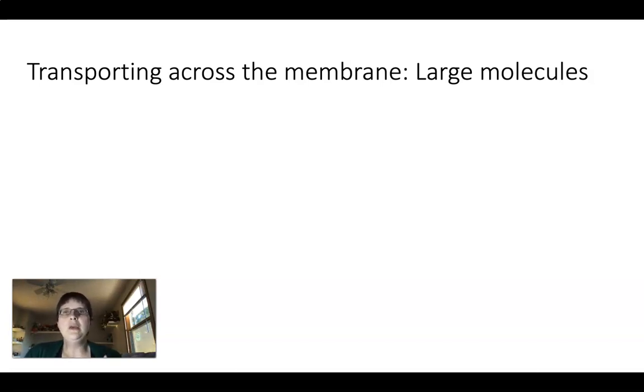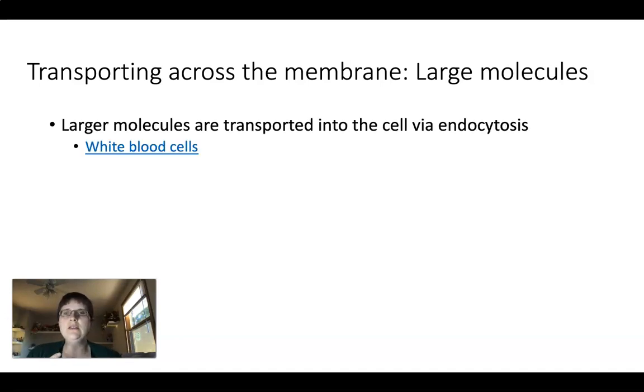If you want to move big stuff like a protein or a carbohydrate, some big molecule, you're going to need to use a different process. You're going to transport these molecules via what we call endocytosis. Endocytosis means into the cell: endo for in and cytosis for cell. So, into the cell.